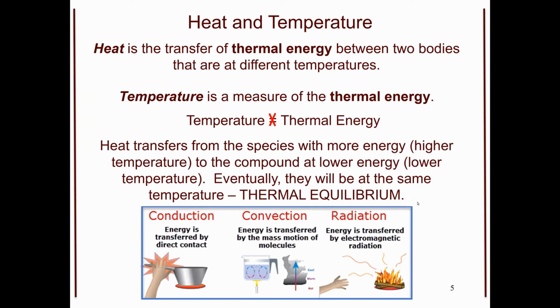So let's talk about the three major types of energy transfer. The first one is conduction. This is where energy is transferred by direct contact. As you can see in my figure here, we have a hot pan, and I am going to touch that pan with my bare hand.